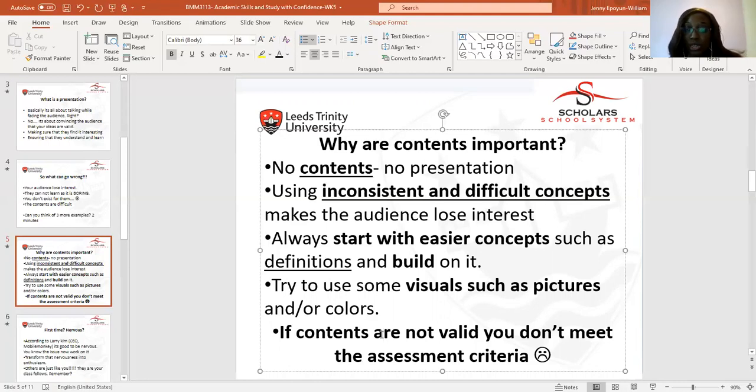What resources have you used? These are the things that we'll be checking. So if it's not valid, unfortunately, you will not be able to meet the assessment criteria. So it's a good thing, even though it's a presentation, you still need to do research on your structure, your format, and your content before you get onto the presentation.